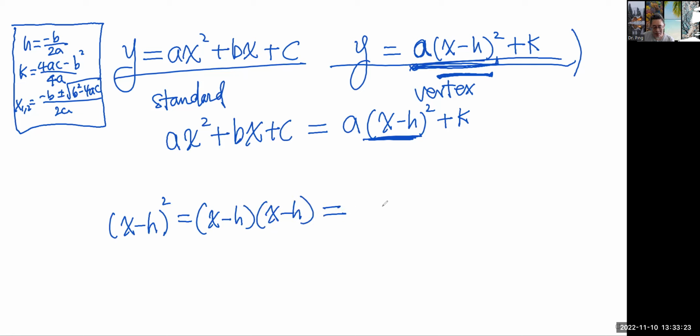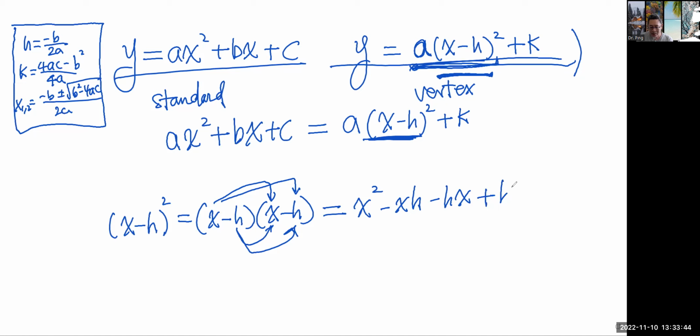To expand that, we use FOIL. So x times x gives x squared, minus xh, then minus hx, and then both negatives give h squared. So that equals x squared minus 2hx plus h squared, because xh and hx are the same value.